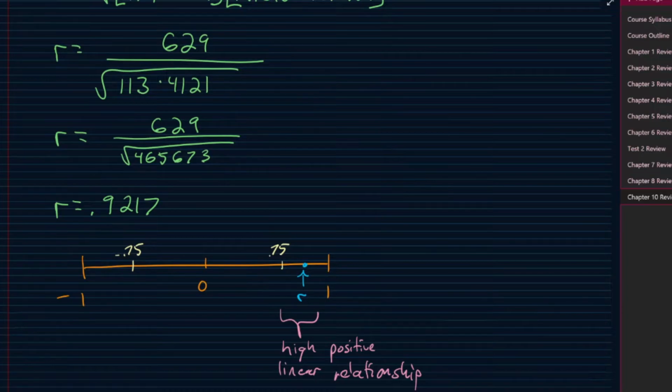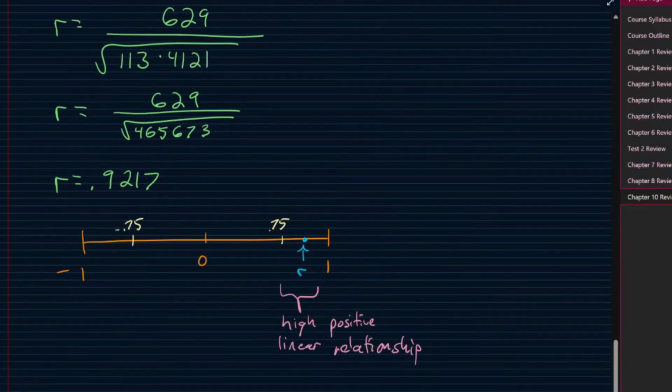But we'll consider something higher than 0.75, but less than or equal to 1, to have a high linear relationship. So in this case, we get a high linear relationship. High positive one, in fact.